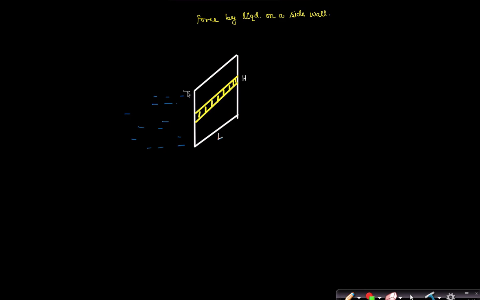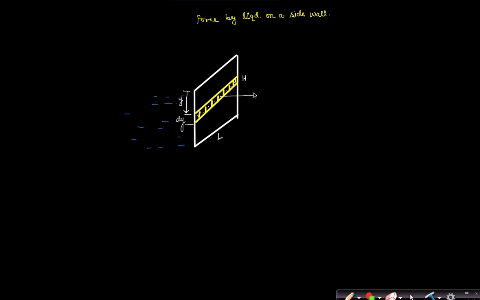Can I do it? Because if I take, at a depth say y, this strip of width dy, then on every point on the strip, can I assume the pressure to be the same? Yes, sir. And what is that pressure? Rho g into y.